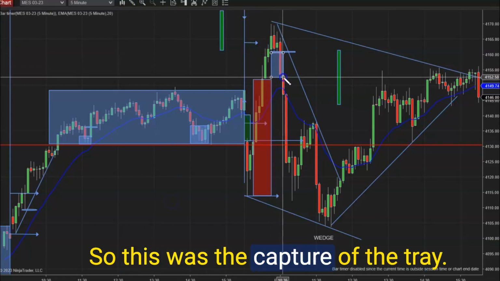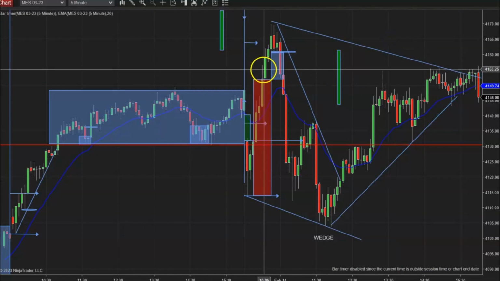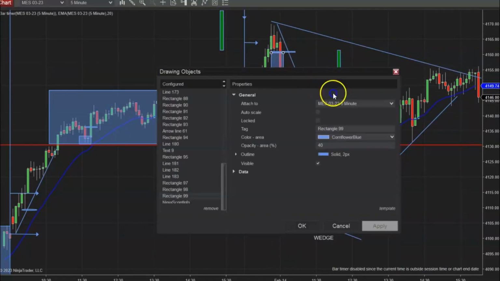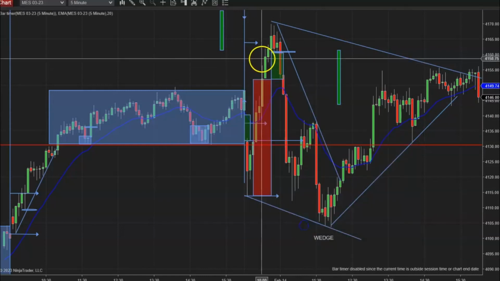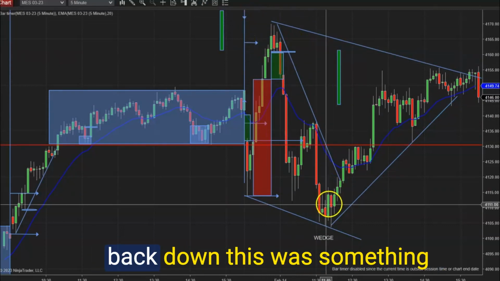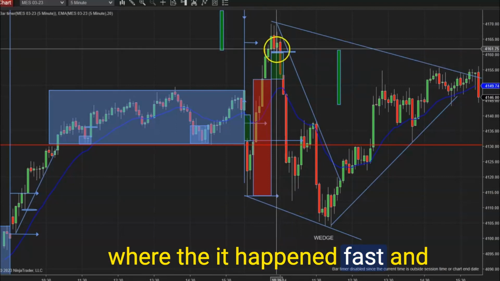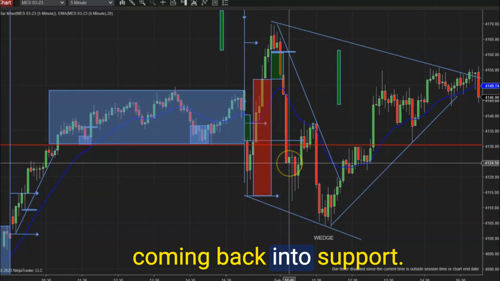So this was the capture of the trade. Right here. And on the way back down, this happened fast, and it was a reversal coming back into support.